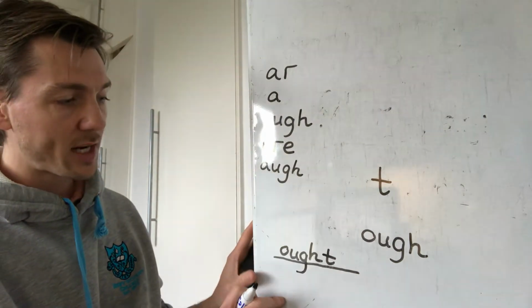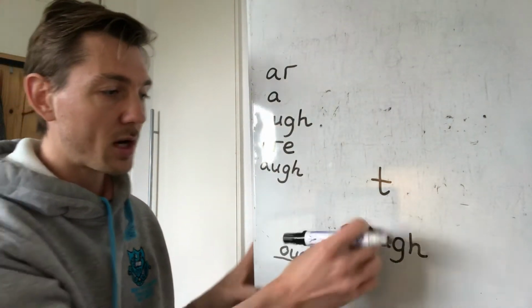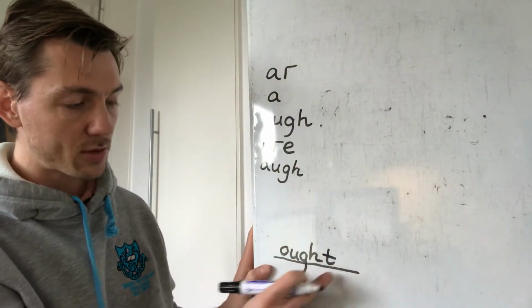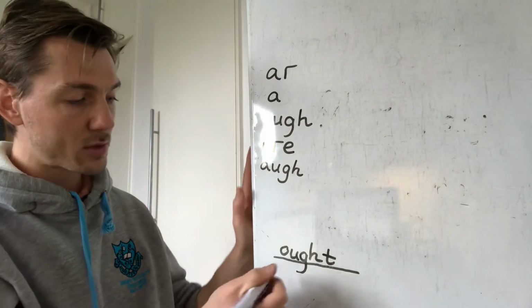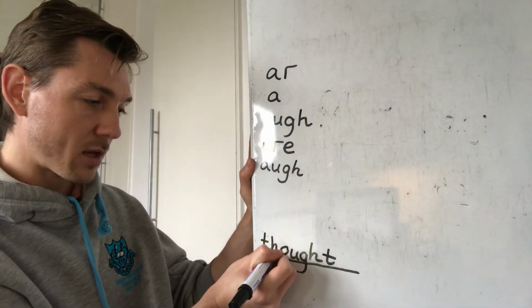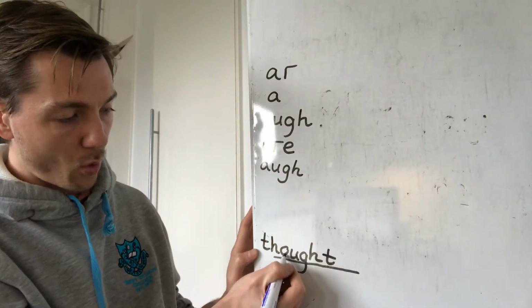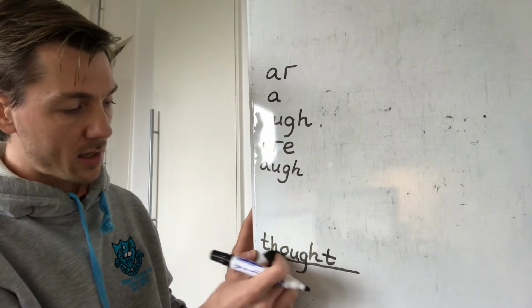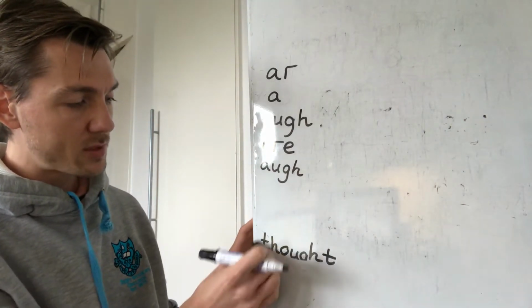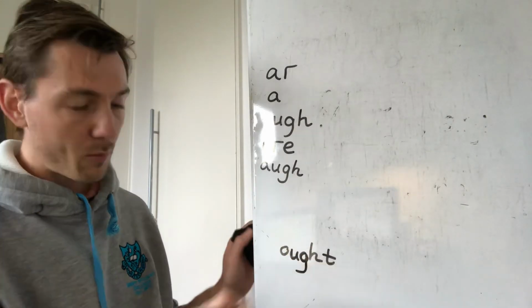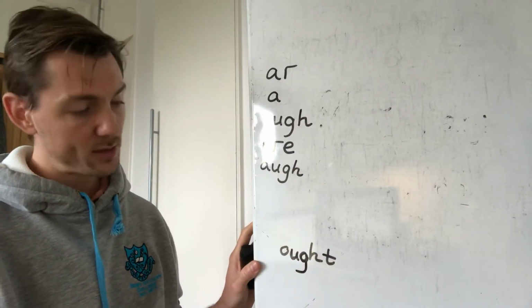Now I'd like you to change that to the word thought. So what will you need to add to change ought into thought? And of course we need a TH at the beginning, don't we? Thought. Okay? Now lose the th sound, and we're back to ought.